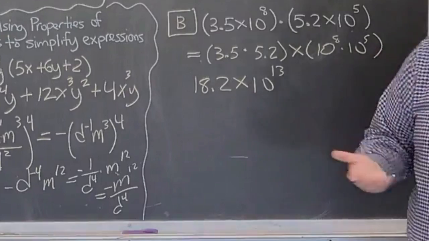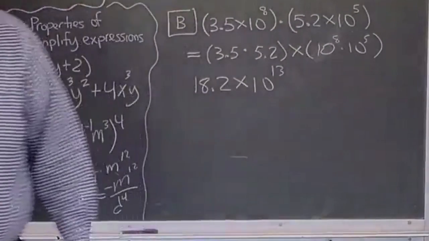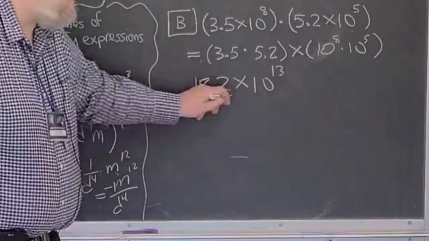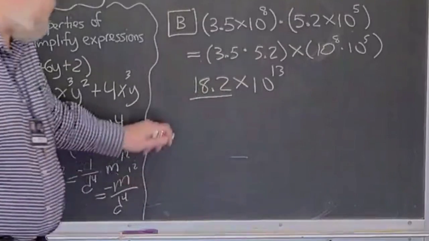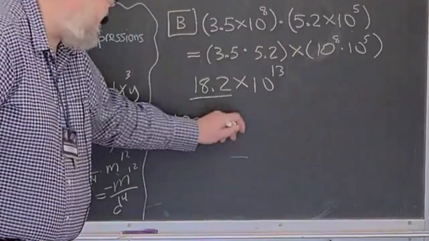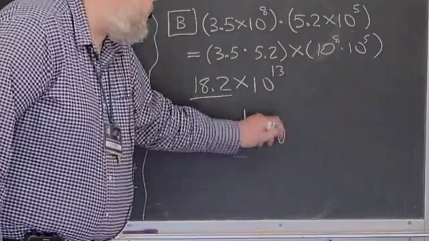Now, we can't leave it that way because that's not scientific notation. Scientific notation says that the number being multiplied by 10 to the power can be 1 digit and then the decimal. So it has to be 1 digit and the decimal. So what I have to do is convert this 18.2 into a 1.82 times 10 to the 1st power, and then multiply by 10 to the 13th power.